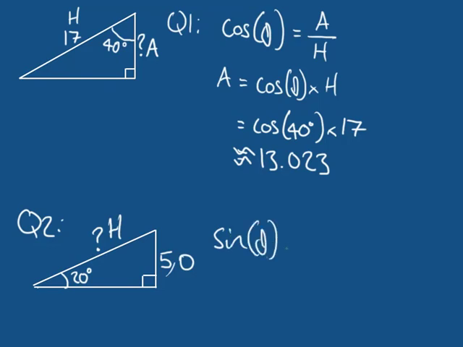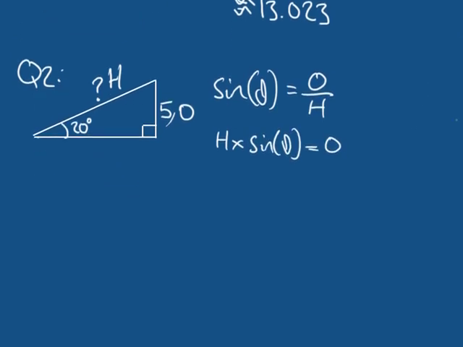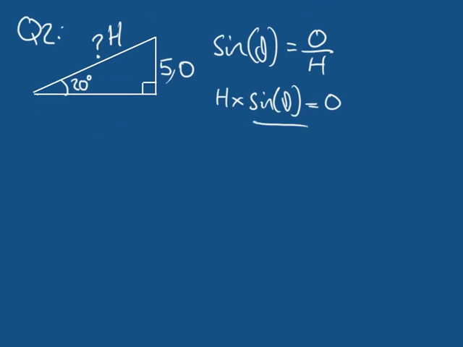So sine of theta is equal to the opposite over the hypotenuse. We need to rearrange this to find our hypotenuse. I'm going to multiply both sides by the hypotenuse. So hypotenuse times sine of theta is equal to the opposite, and then divide both sides by sine theta. That's going to give me the hypotenuse is equal to the opposite over sine of theta.